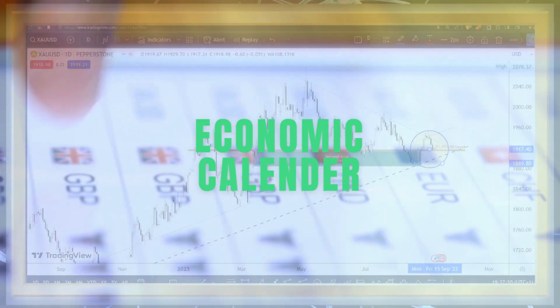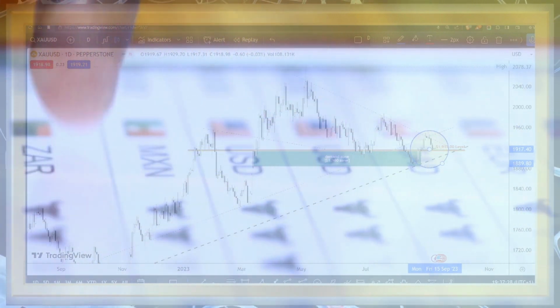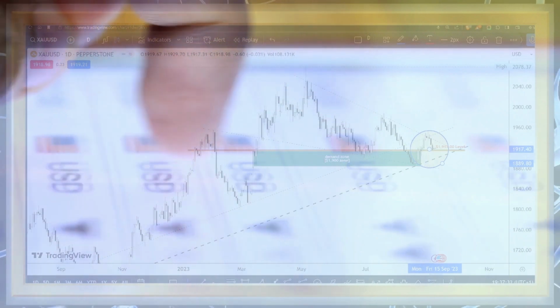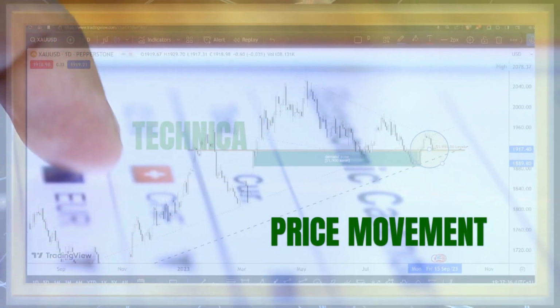And as a result of this, we shall be looking at the economic calendar. And for those who have been with me for a while in this community, you all know by now that these fundamental factors often manifest on the chart in technical patterns and price movement.